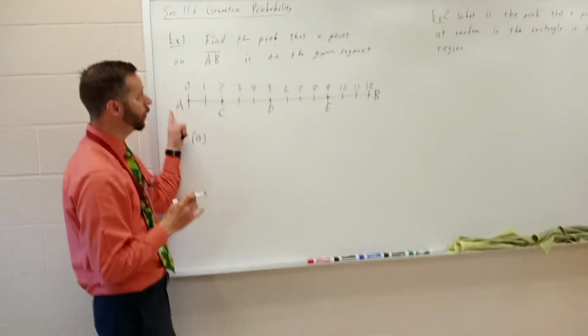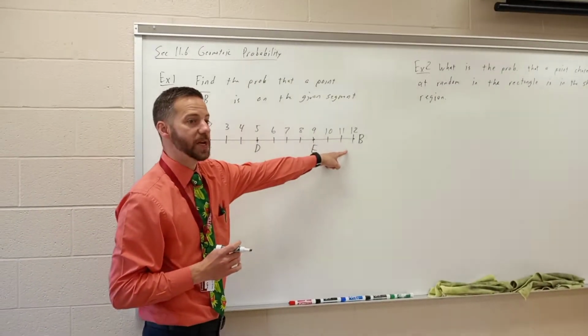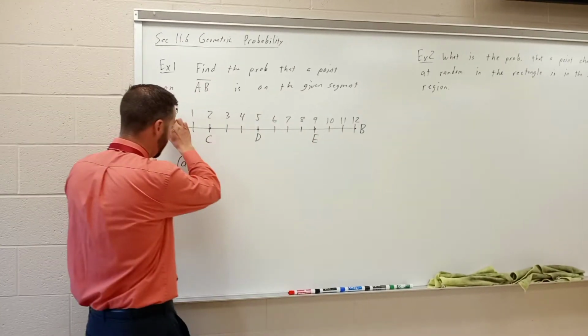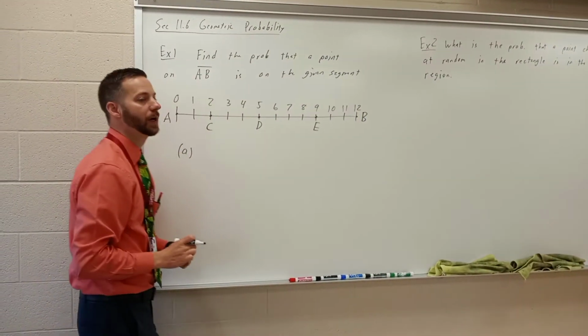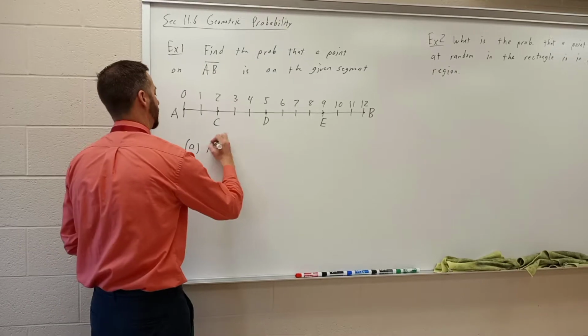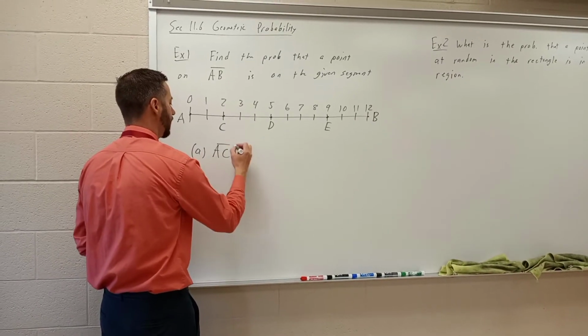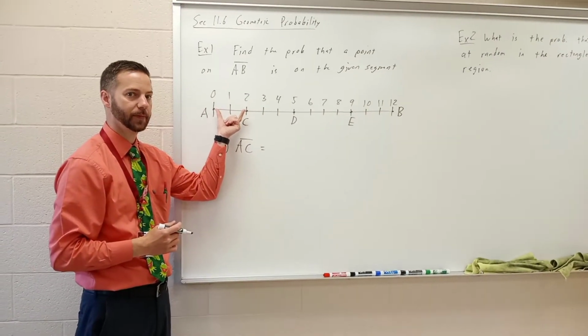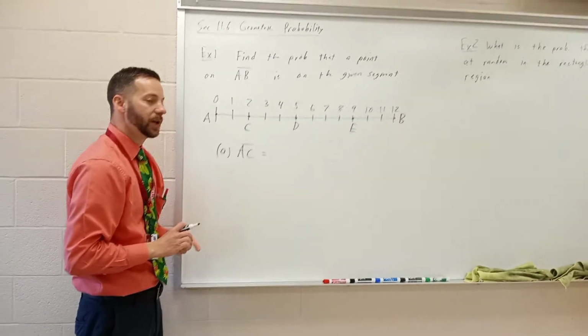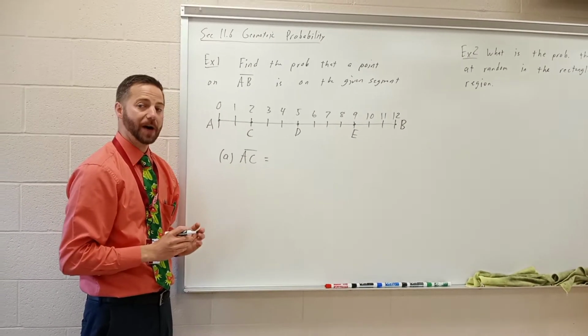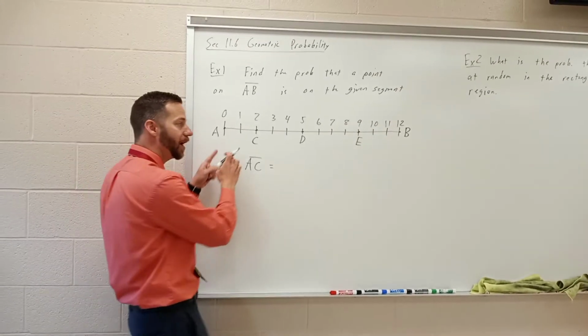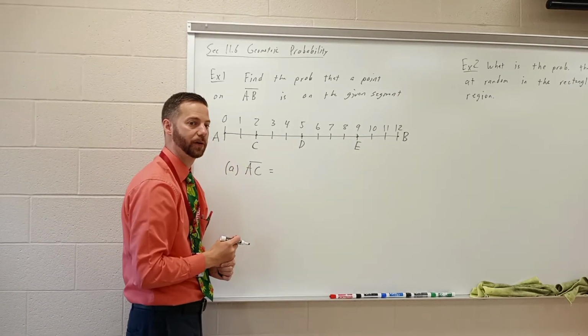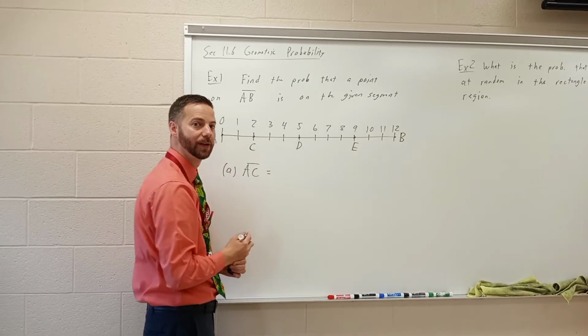So we know that the point is on AB, right? That was given. So we only have this to pick from. But what I want to know now is, knowing that it's on AB, what's the probability that it's on AC? So this really comes down to thinking about lengths. What's the total possible length I have to pick from here? Right? 12.